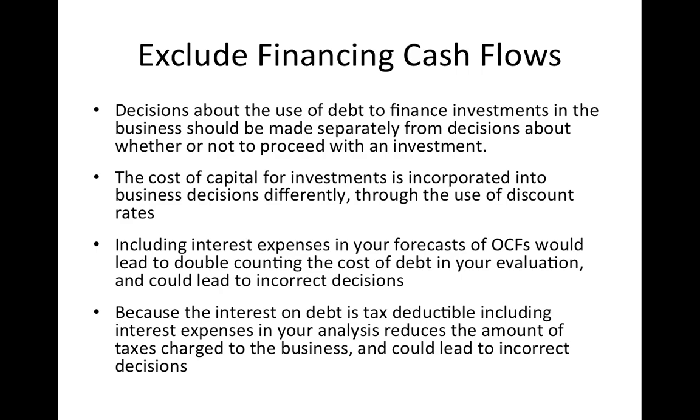And so we like to keep the financing cash flows out of the analysis for one reason, simply because we want to keep those two decisions separate. The other reason, more importantly, that we want to keep it out of the operating cash flows is that in the methods that we usually use to make these decisions, we already pick up the cost of financing in another way.